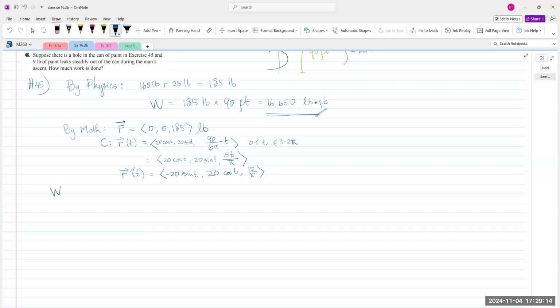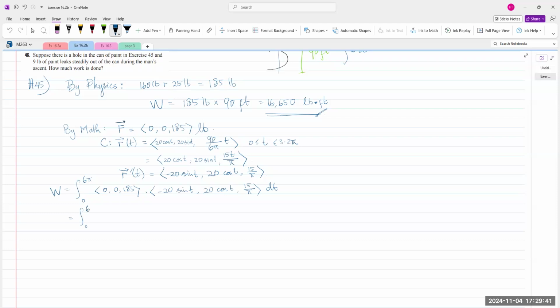So the work will be the integral from 0 to 6 pi of the force field 0, 0, 185, dot negative 20 sine t, 20 cosine t, 15 over pi, dt.